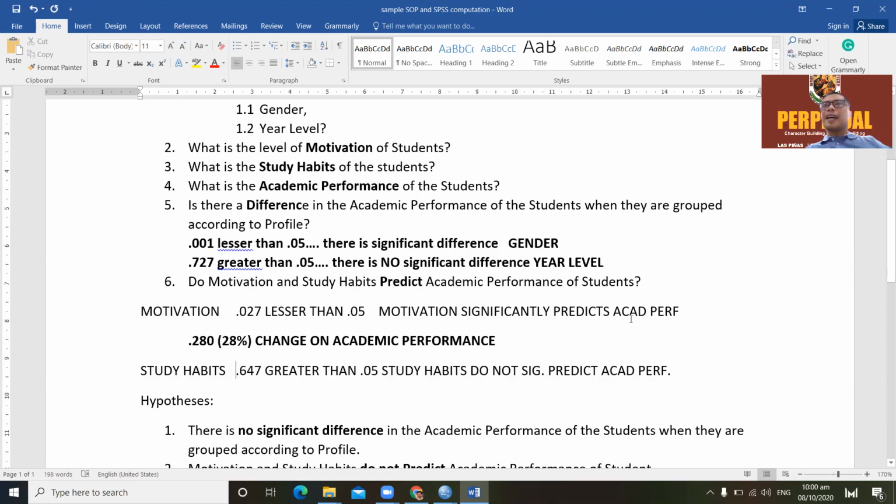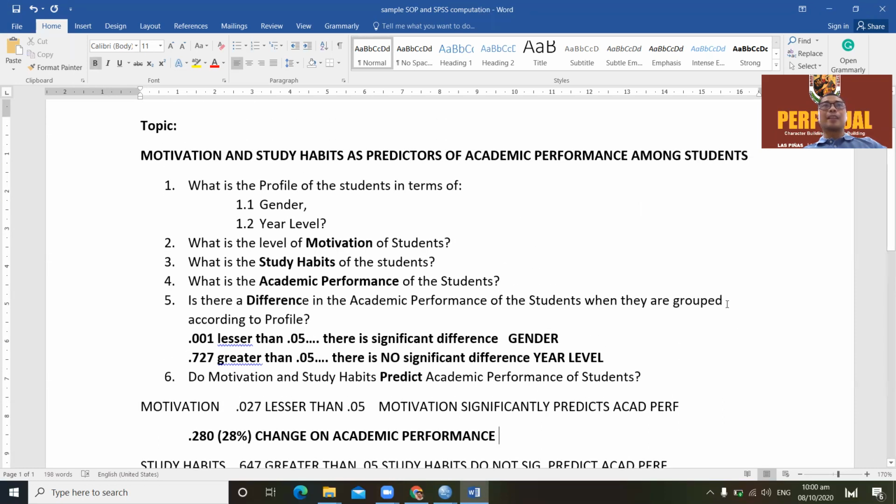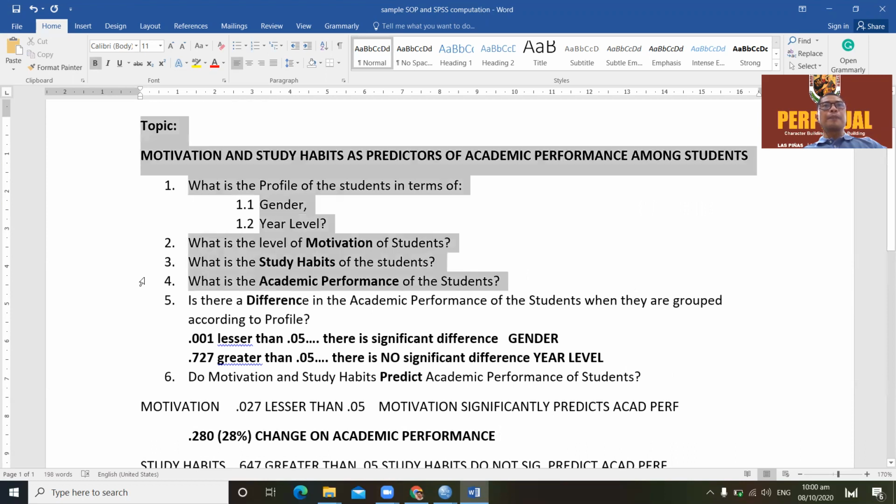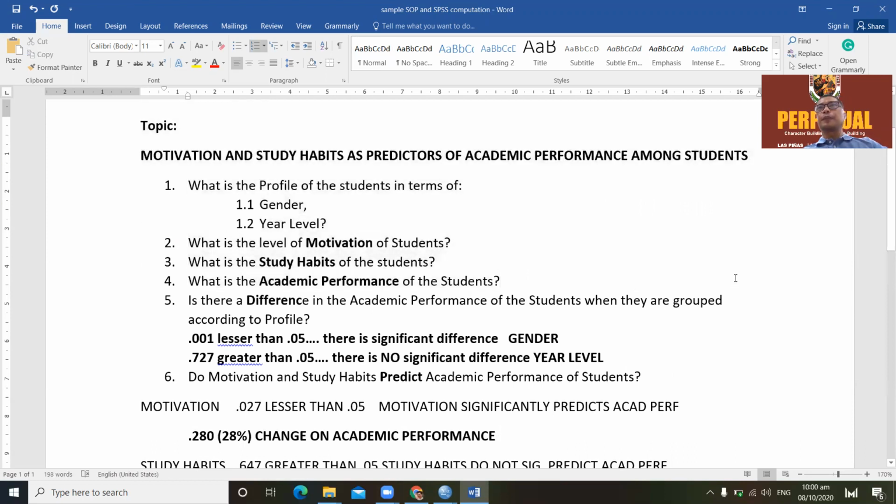Okay? So that's how we analyze the data using the Statistical Package for the Social Sciences. I just hope that you learned a few things about data analysis, connecting it with application to research methods. This is just a sample. You could try it on your own, and of course, you would have guidance from your statistician, so it won't really be much of a problem.